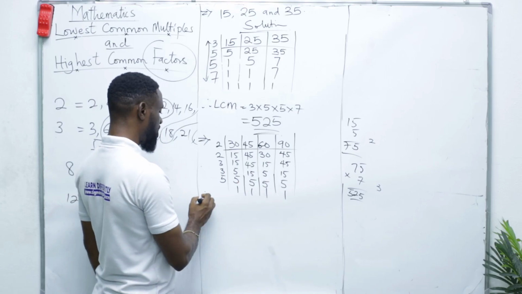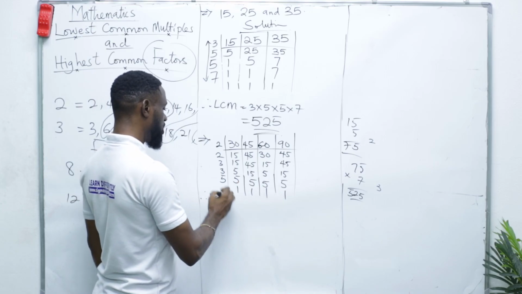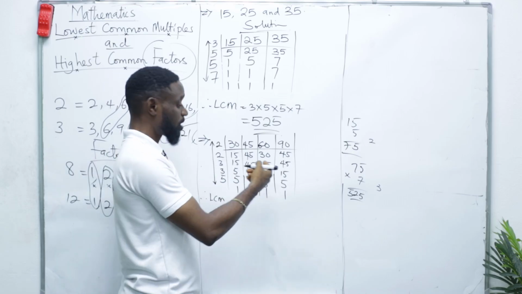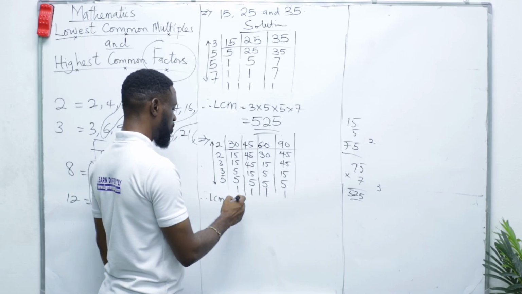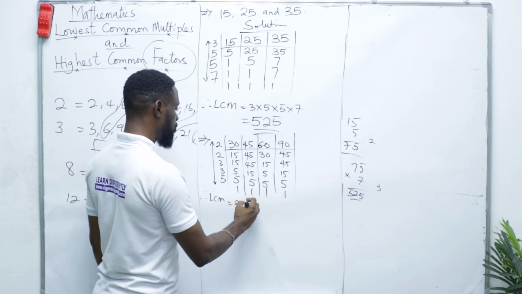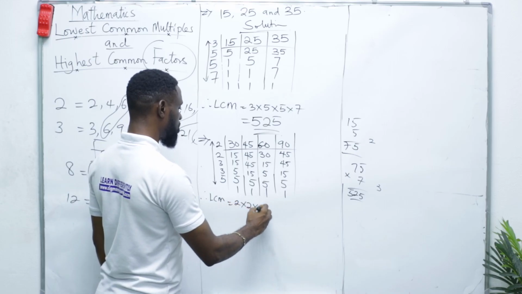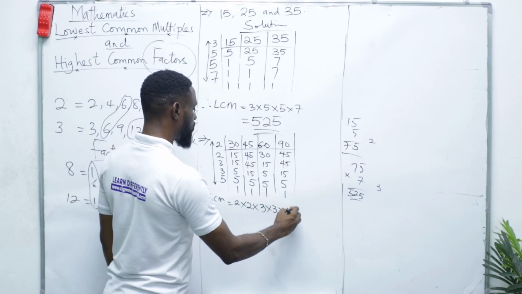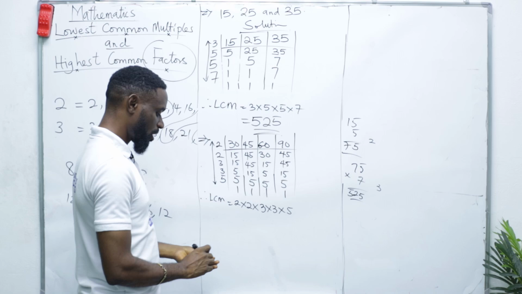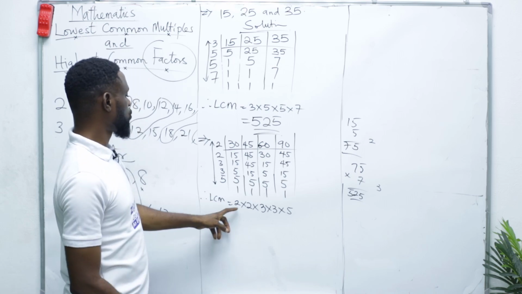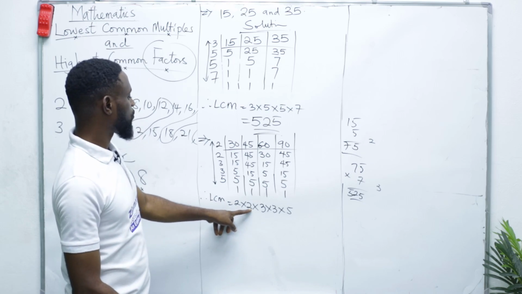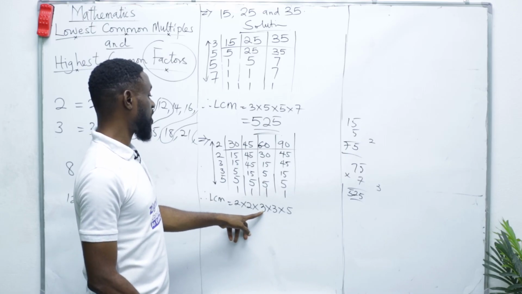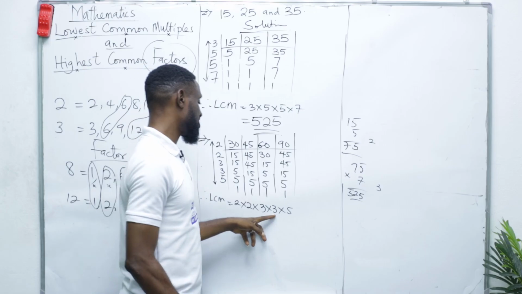So at the end of the day, we say our LCM is the multiplication of all these factors we use to get to this. Okay? So it will now be equal to 2 times 2 times 3 times 3 times 5. So let's look at it now. 2 times 2 is 4. 4 times 3 is 12. 12 times 3 is 36.